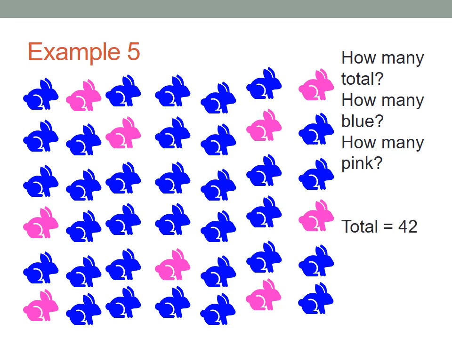So our total number is 42. 33 blue and 9 pink. It's going to be more difficult this time around, isn't it? The numbers aren't going to be quite as even, but we can still calculate everything.